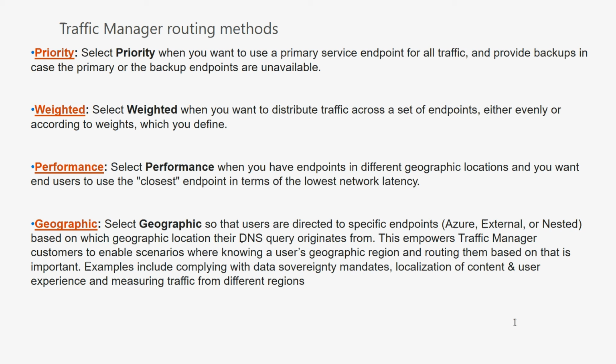For example, let me take a scenario where you have two servers, where you want the European region to always connect to a European data center which has a website catered only for the European region. You can take that scenario for the geographical routing method.